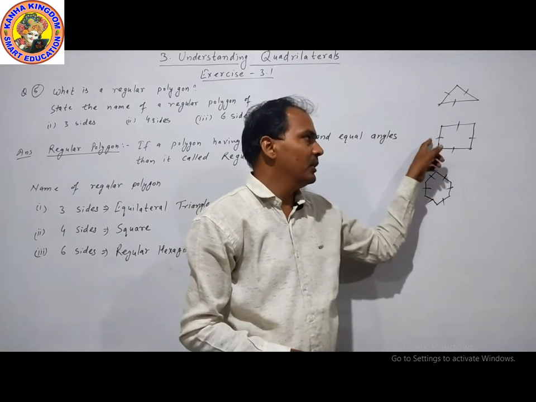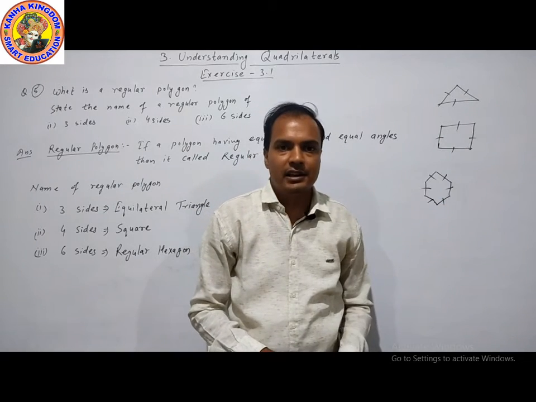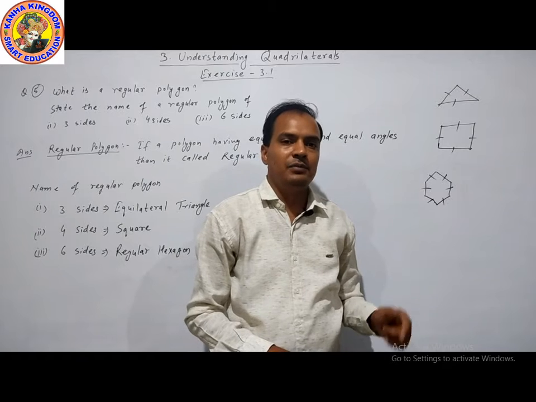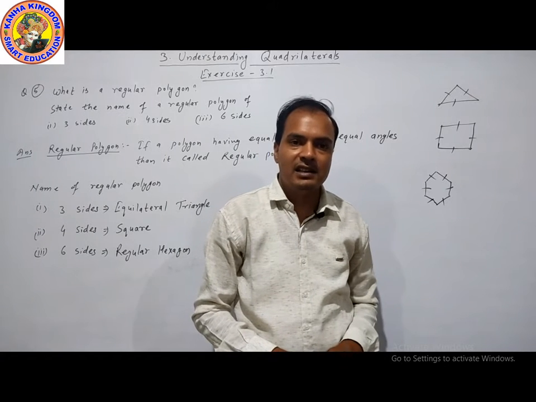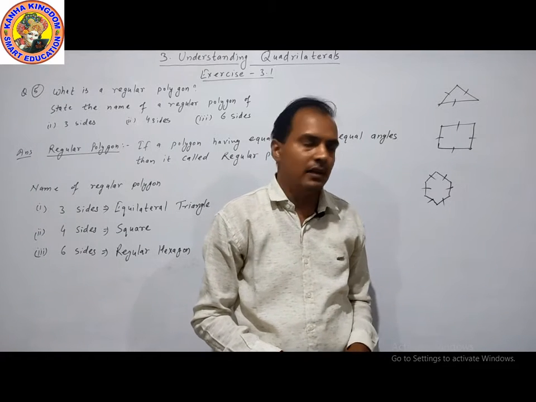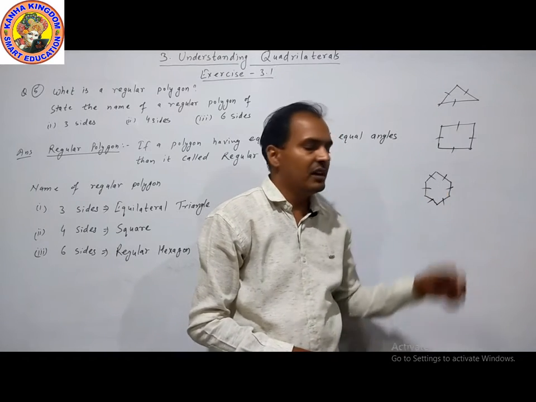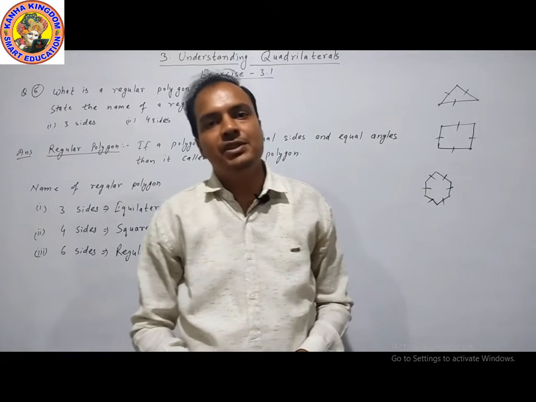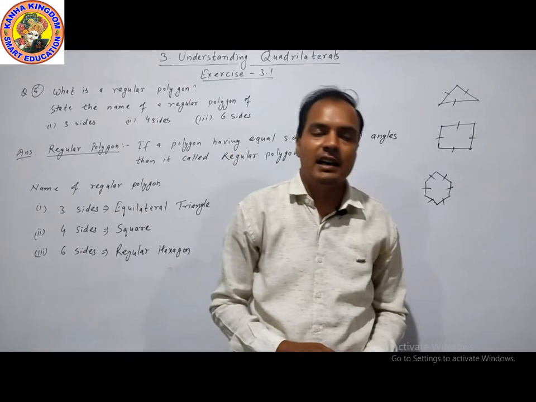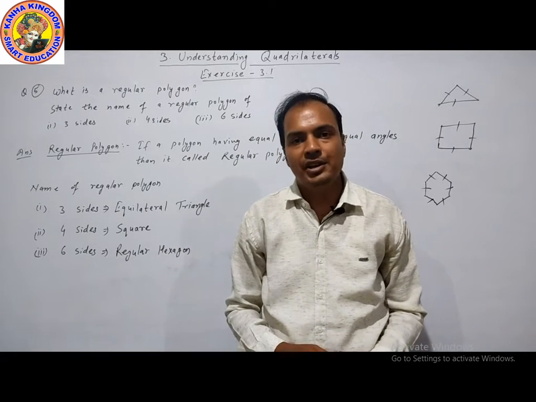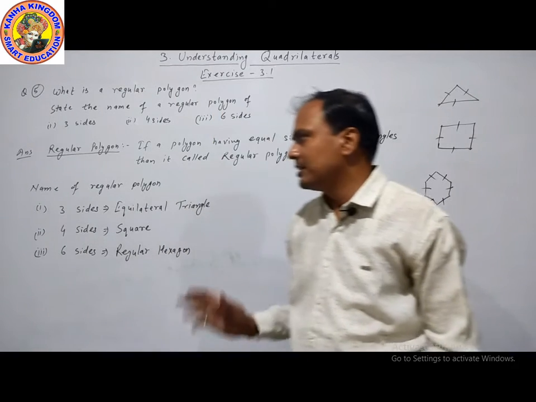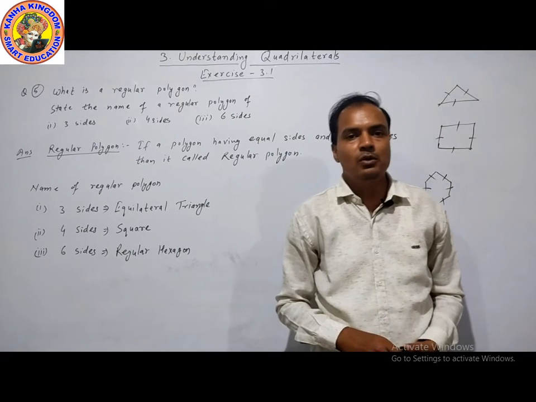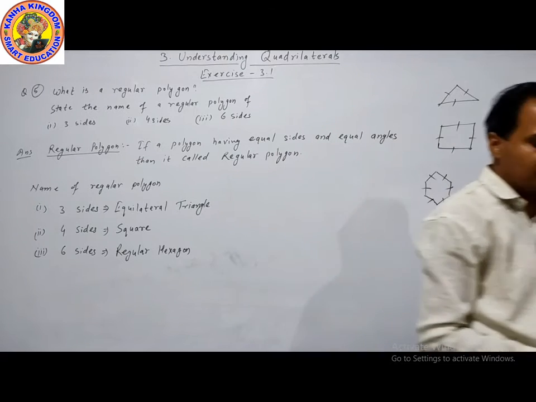If a polygon has 4 sides it is called a quadrilateral, but if the 4 sides and 4 angles are equal, it is called a square. If a polygon has 6 sides, the name is hexagon, but if all sides are equal, it is called a regular hexagon. You can take a screenshot of this. We will move to our next question.